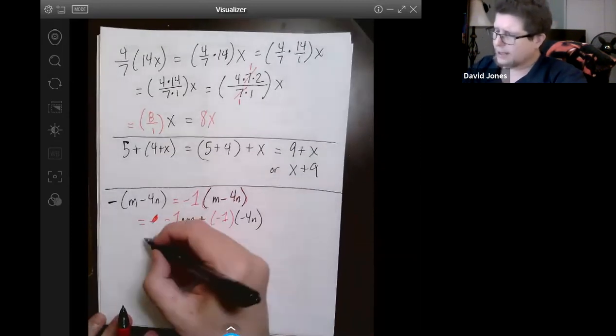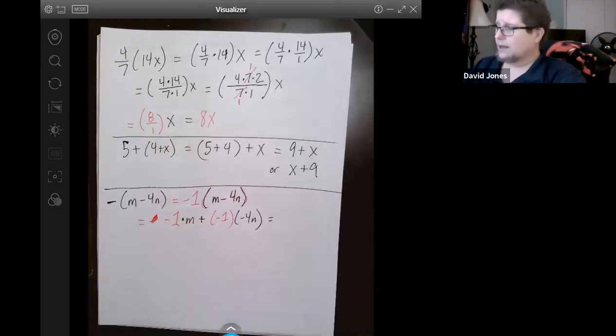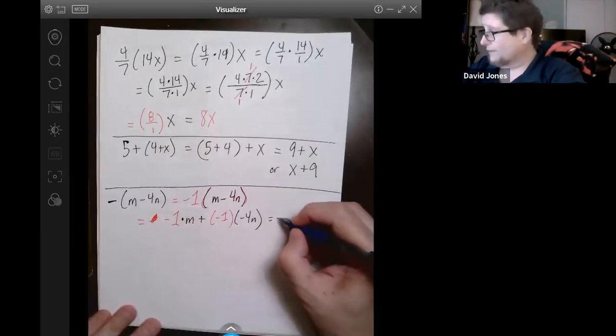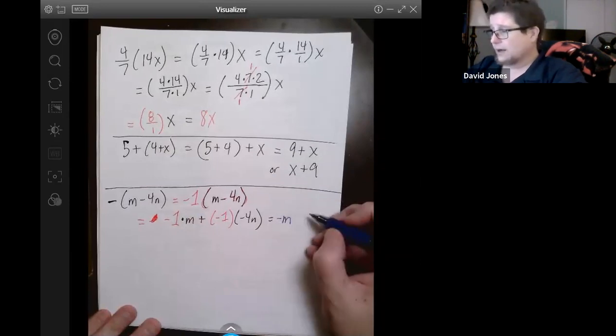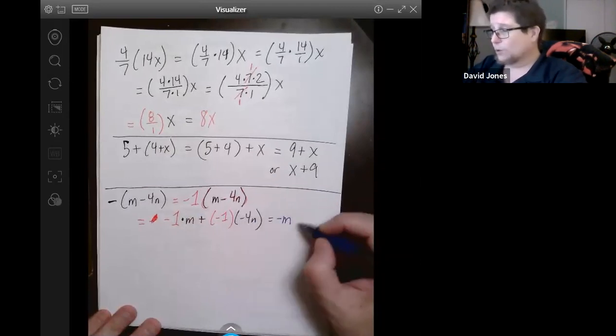We do the multiplying. Negative 1 times m is just negative 1m or negative m. And negative 1 times negative 4 is positive 4, plus 4n.